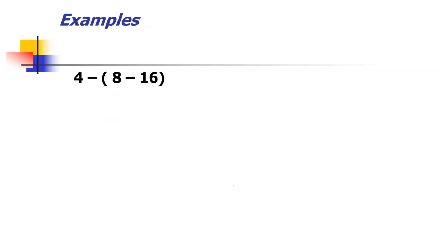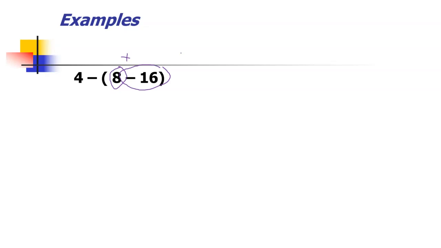Here's another example. We're moving to the order of operations now, so I'm going to take care of the parentheses first. Here I have 4 and 8 minus 16. First I take care of the parentheses. I have 8 and then a -16, and the plus sign is invisible. So 8 plus -16 will give me 8 as a difference.